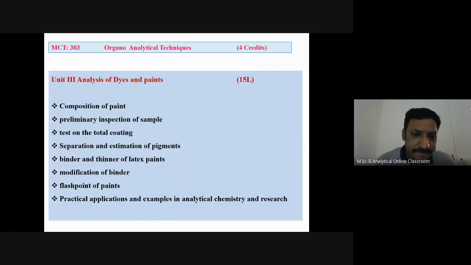Question number 3: what is coating? What is total coating? Explain in detail.